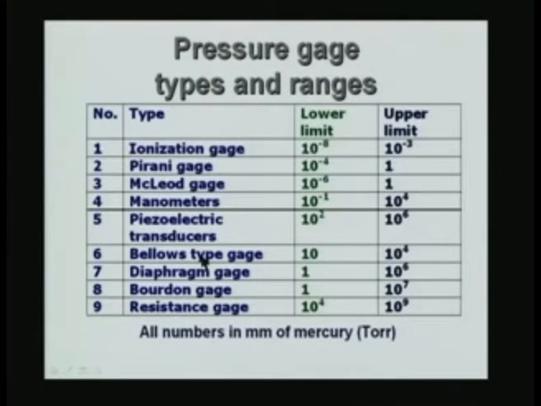We can also use what are called bellows type gauges. A bellows type gauge is essentially a spring. The bellows acts as a spring, and inside the bellows you have the pressure which needs to be measured. The bellows will either expand or contract depending on the pressure difference between the inside and the outside. What we are going to do in the case of the bellows type gauge is to convert the pressure information to a displacement.